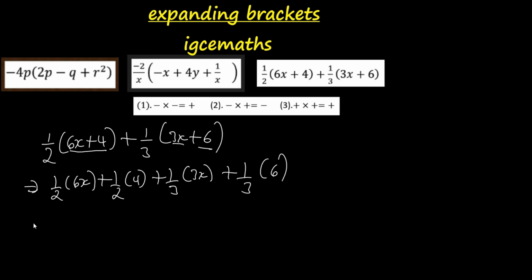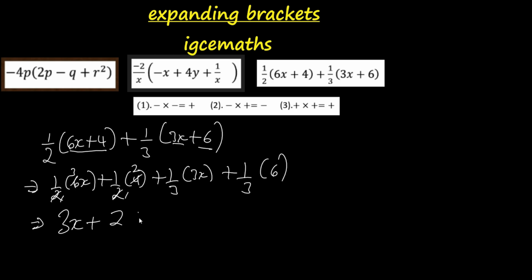Now over here, 2 goes into 6 three times, so 1 times 3x will be 3x, plus 2 also goes into 4 two times, and then 1 times 2 will be 2.